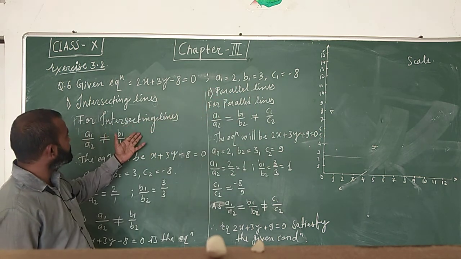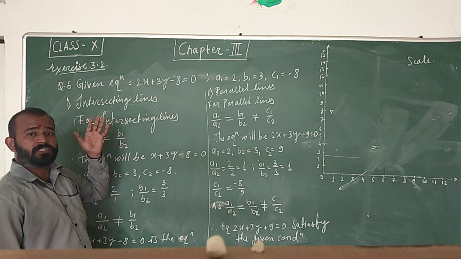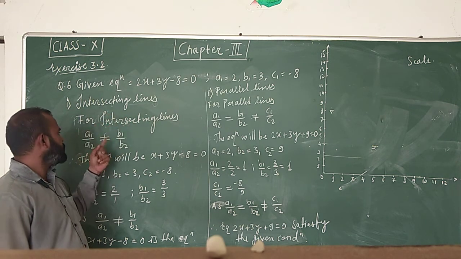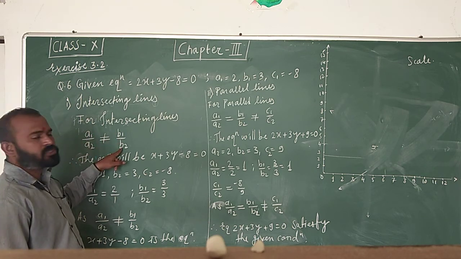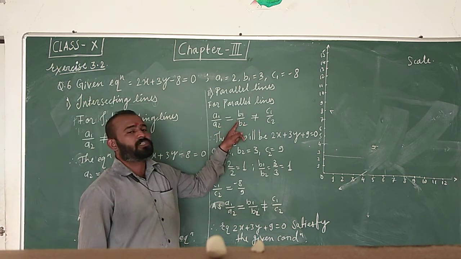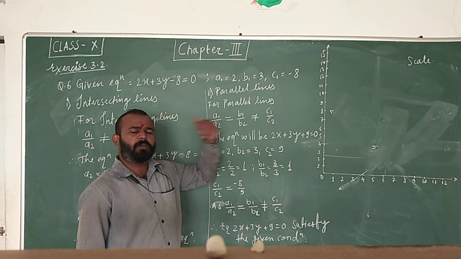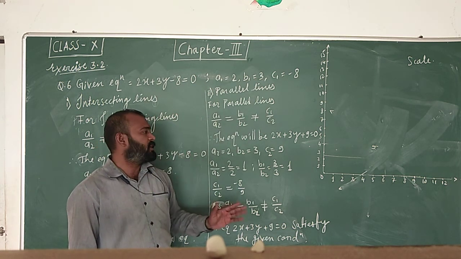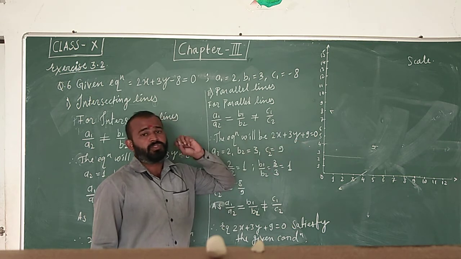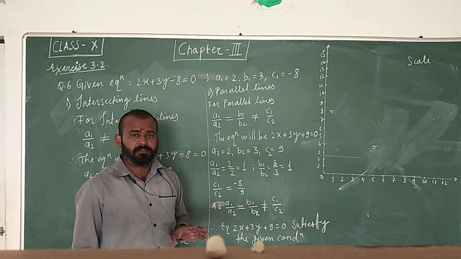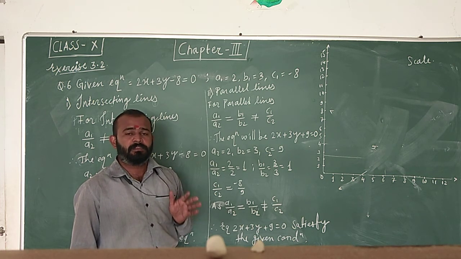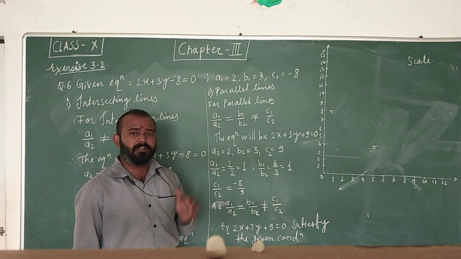There are many such equations that will satisfy the intersecting lines condition. Just it should satisfy this condition. बाकी कोई भी इक्वेशन आप लिख सकते हो, आपके मन से लिख सकते हो. It is not like that I have written this means your answer should exactly be this. और मैं तो बोलता हूँ होना ही नहीं चाहिए. Don't copy. Learn it. Get a knowledge and learn it.